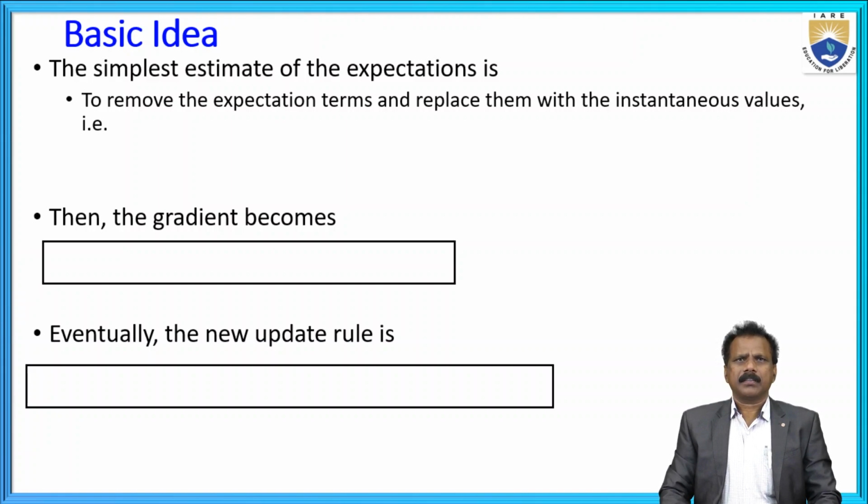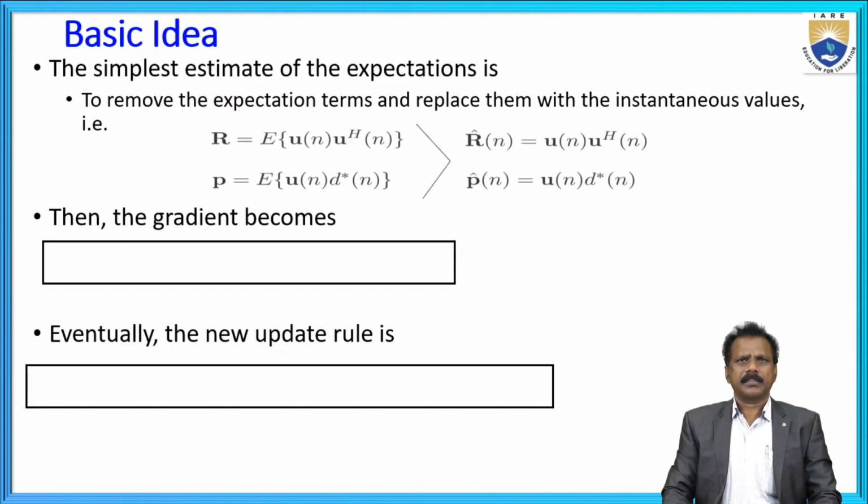This is the way to estimate the expectation: remove the terms and replace them with instantaneous values. So R is equal to E of u of n u power H of n, where P is equal to E of u of n d of n.